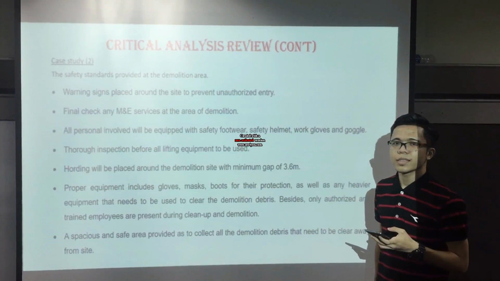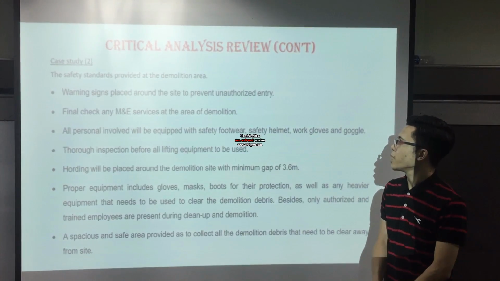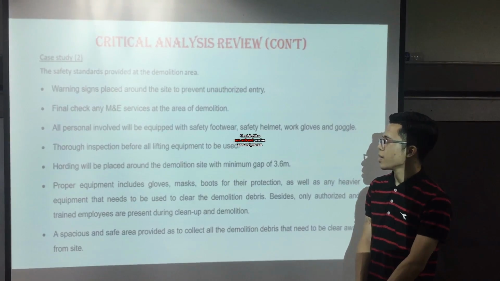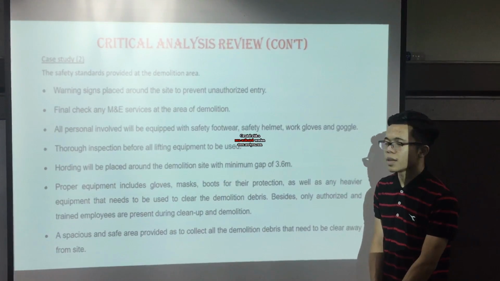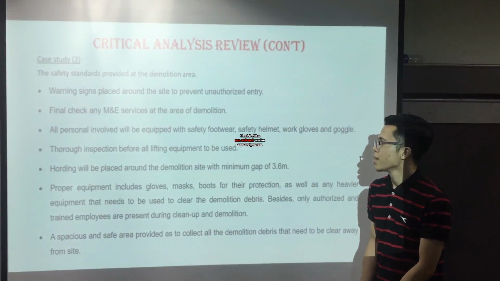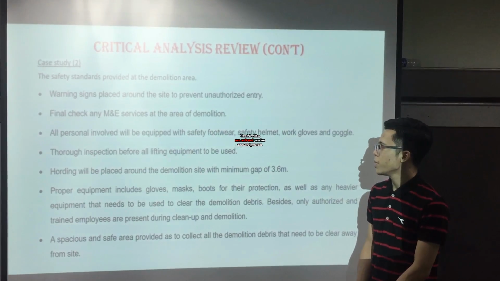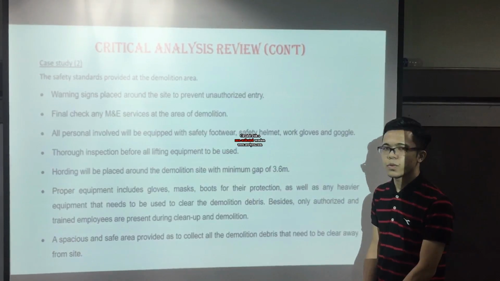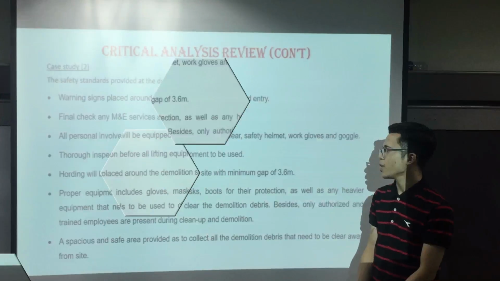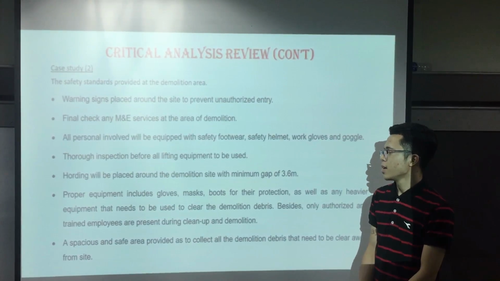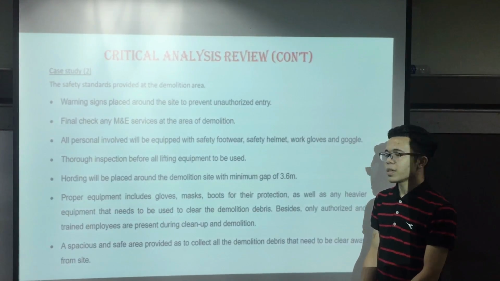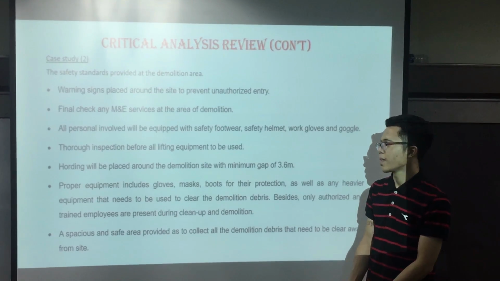Firstly, warning signs are placed around the site to prevent unauthorized entry. Next, there is a final check of any mechanical and electrical services at the demolition area. Third, all personnel involved will be equipped with safety footwear, safety helmet, work gloves, and goggles before any lifting equipment is used. Next, hoarding will be placed around the demolition site with a minimum height of 3.6 meters.